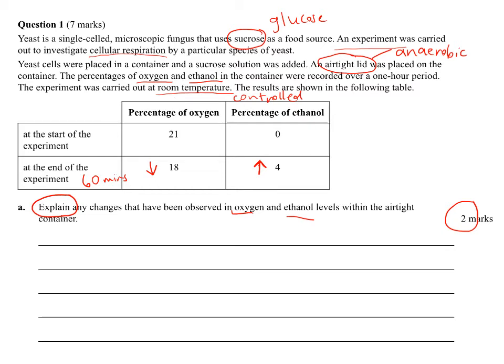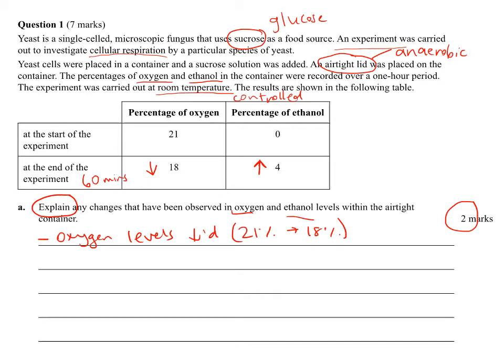And you basically want to break it into oxygen and ethanol. So you could say that oxygen levels decreased, and it doesn't hurt to put in the numbers, from 21% to 18%.